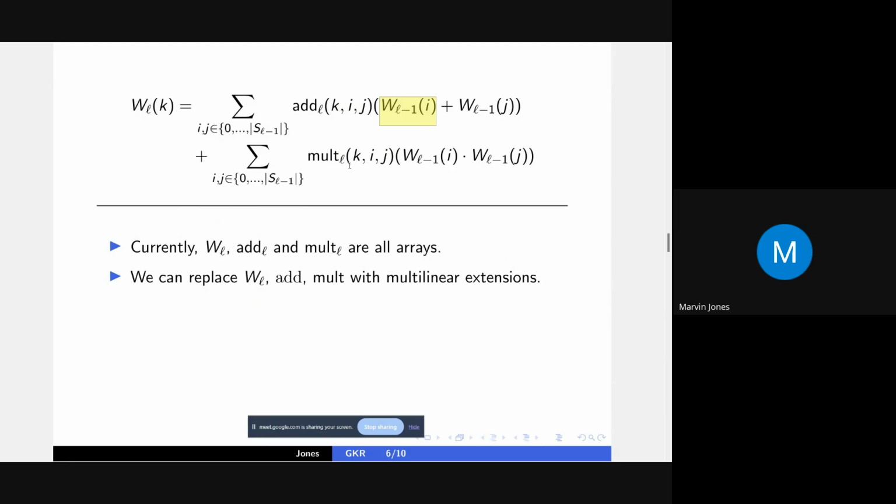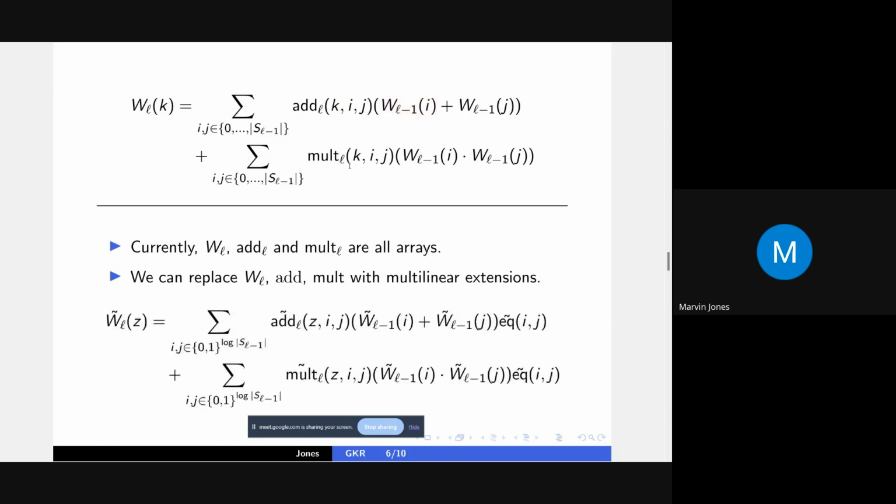These are just arrays. Now, the reason we want to work with these arrays in this weird generalized form is because then we can replace them with multilinear extensions. Once we replace them with these multilinear extensions, nothing's really changed other than these tildes in terms of the arithmetic, and I tacked on the equate function, but basically this is the same.